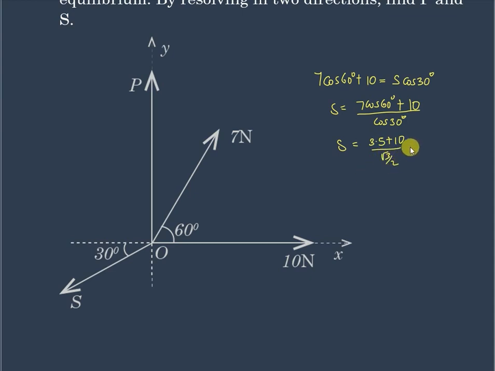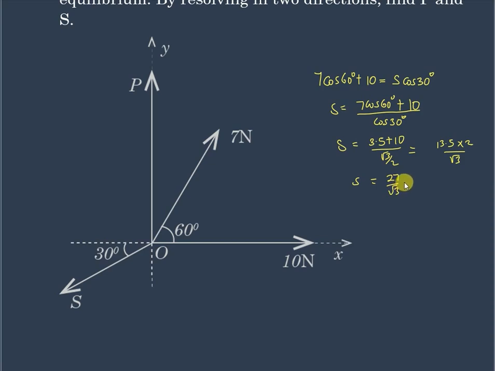So this is going to get us a value of S, which is 13.5 times 2 divided by root 3, and this will get us 27 over root 3.